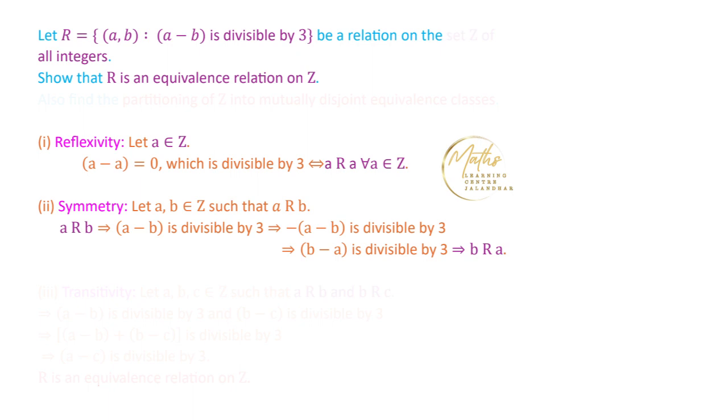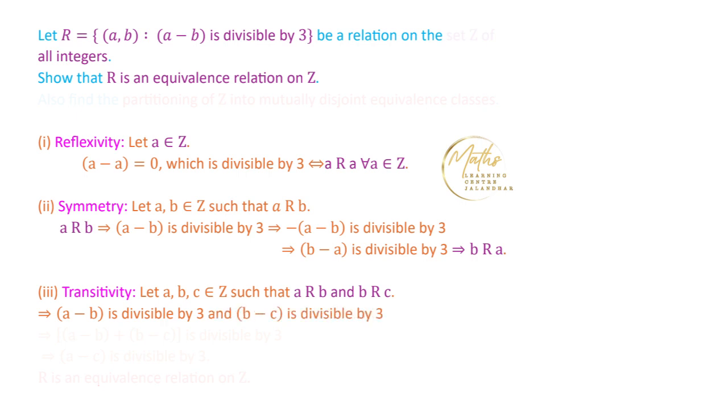Next we have transitivity. Let a, b and c be three elements such that a is related to b and b is related to c. So a is related to b implies that a minus b is divisible by 3, and b is related to c implies b minus c is divisible by 3.